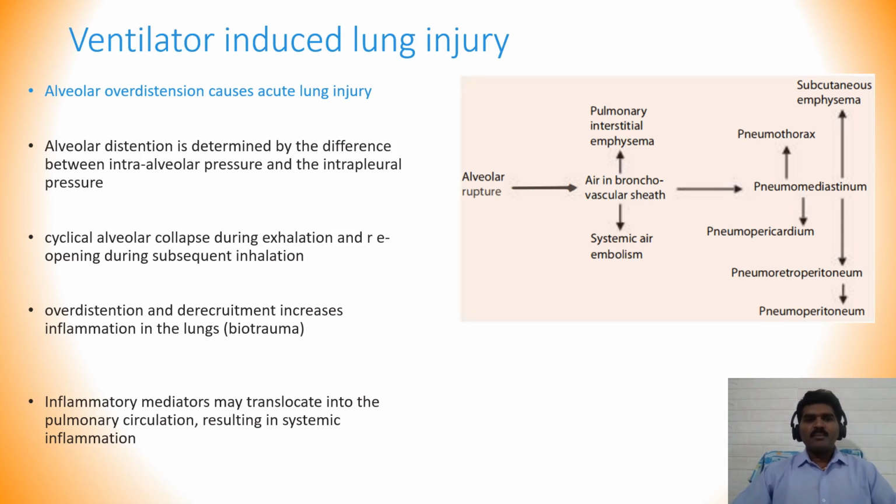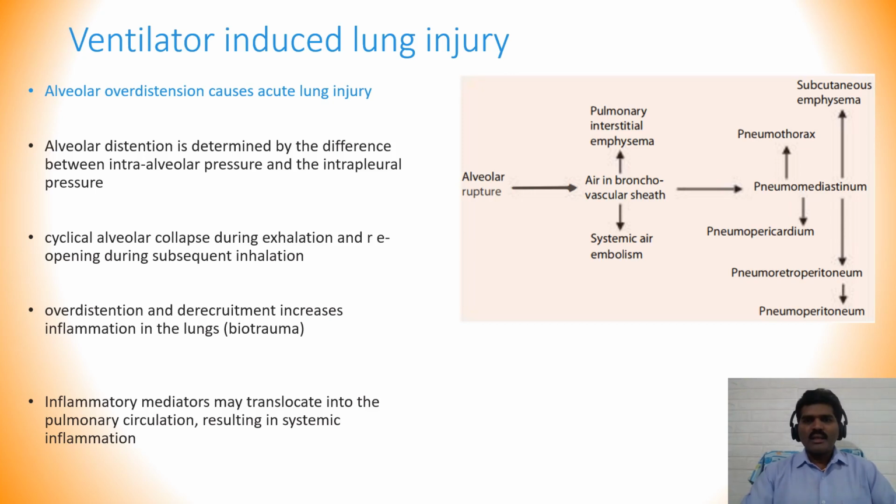If the PEEP applied or the total plateau pressure applied to the lungs is more than required, overdistension and derecruitment increase the inflammation of the lungs, which is called biotrauma. This biotrauma can lead to generation of inflammatory mediators, which may translocate into the pulmonary circulation, resulting in systemic inflammation.